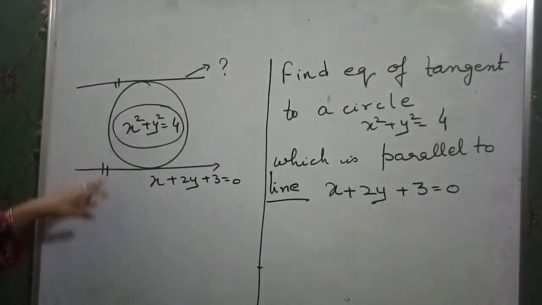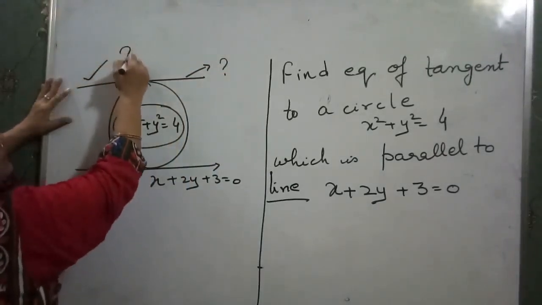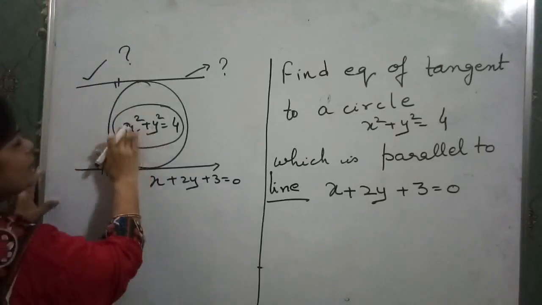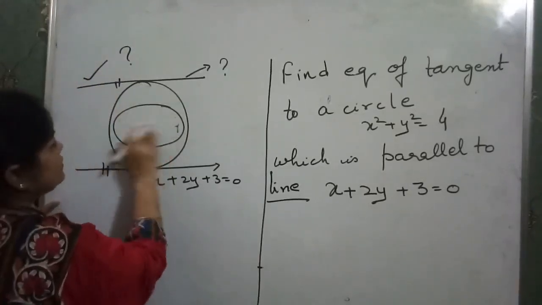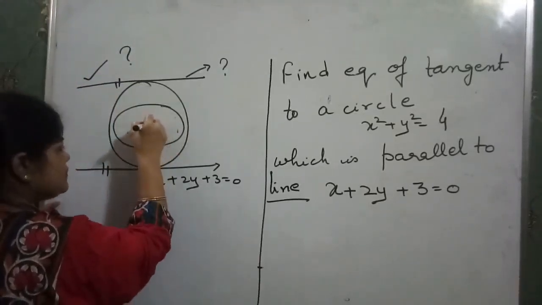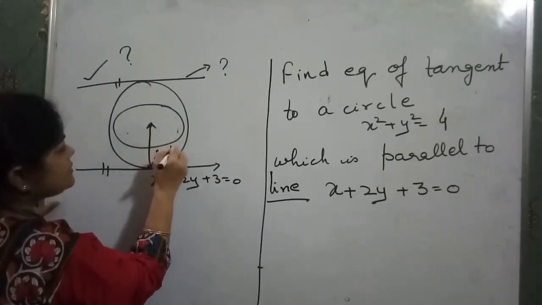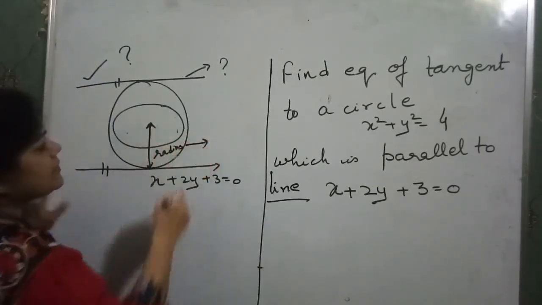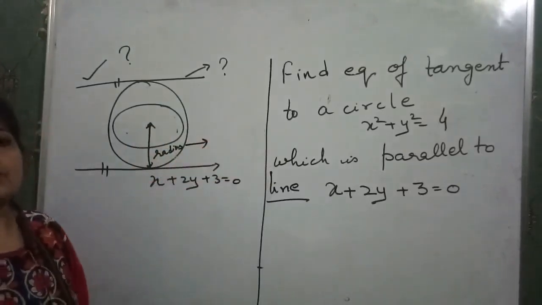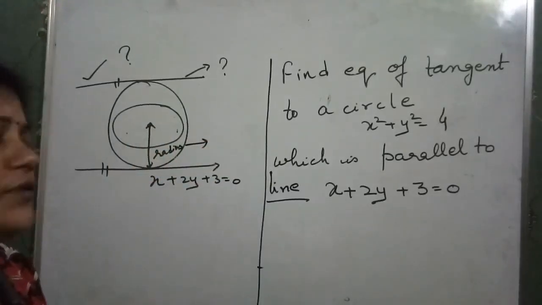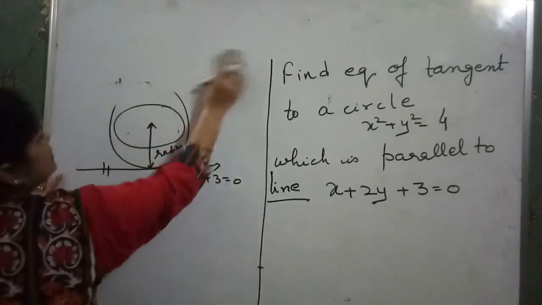For example, this is the center of the circle, so the distance from the center of the circle to the tangent line is equal to the radius. That concept is used here to solve these types of questions. Now see how we solve these questions.